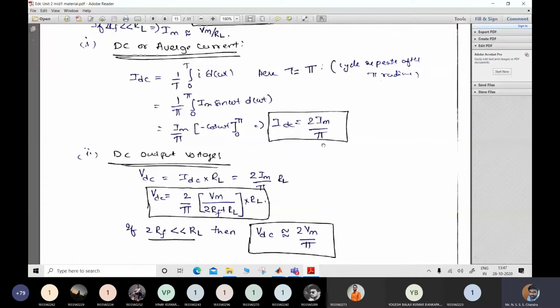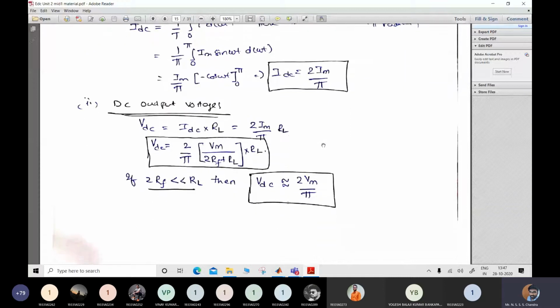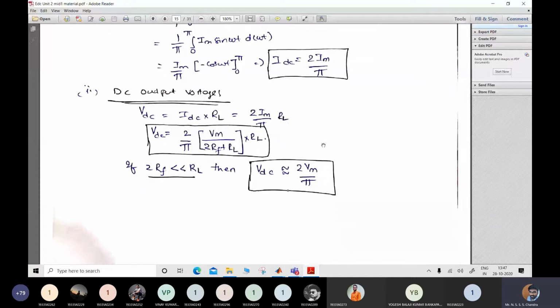Then we also found the average value of VDC. We got VDC is equal to 2VM by pi into RL by 2RF plus RL. Whenever I say 2RF plus RL, keep in mind that if the question mentions the transformer resistance separately, you have to add that also.